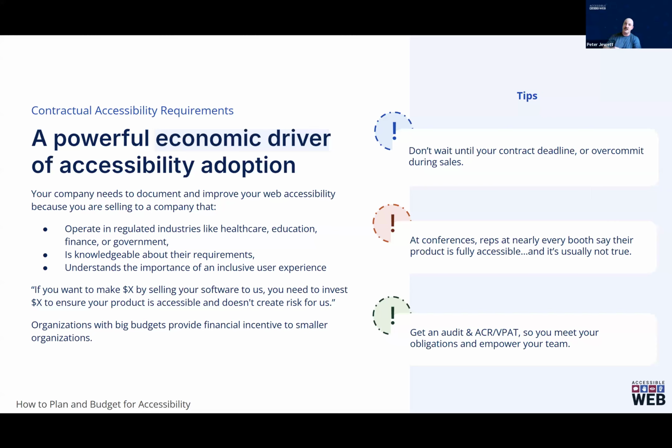So they were concerned with Section 508. And in order to purchase this platform, it was a donation platform for kind of reaching out to alumni and making donations to the university, they had to know that this platform was accessible.